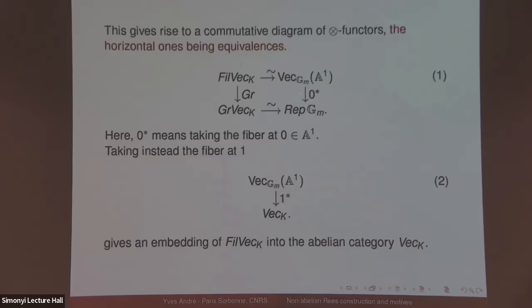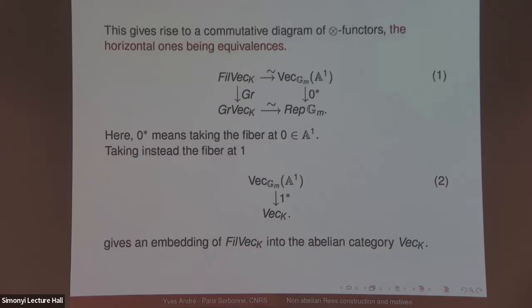This is an interpretation of this functor as just taking the fiber at 0 of the G_m-equivariant vector bundle. If instead one takes the fiber at 1 instead of 0, then this functor is still fully faithful, and this gives a full embedding of filtered vector spaces in the abelian category of vector spaces.